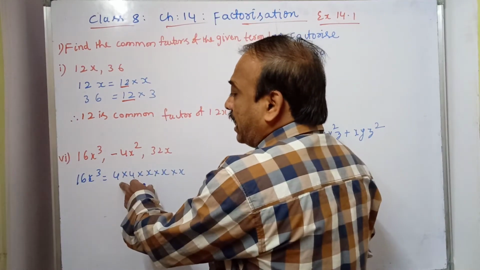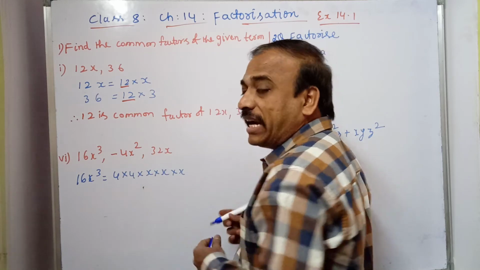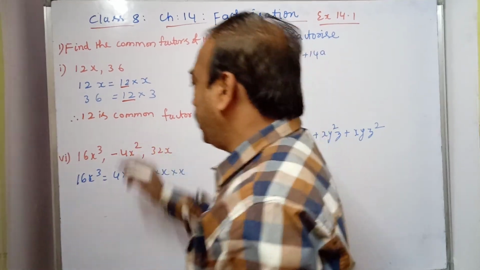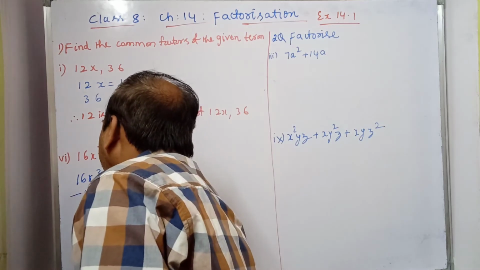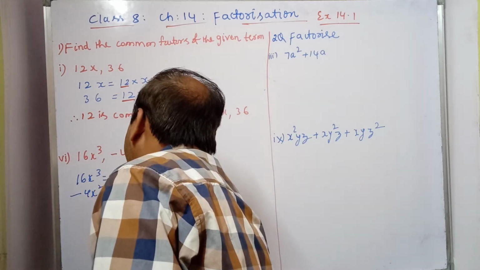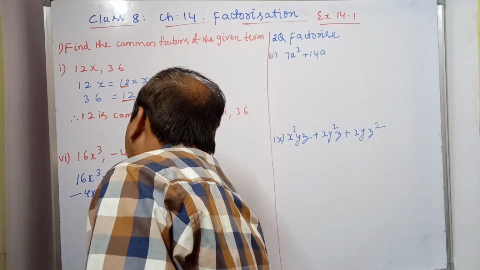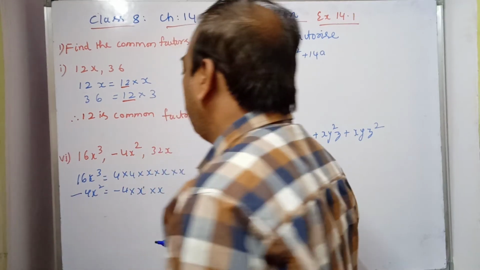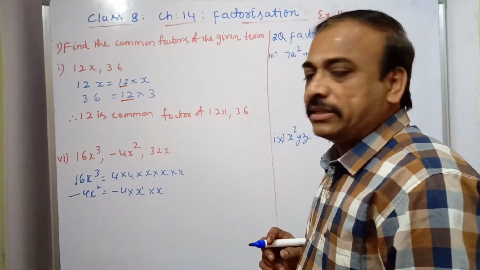Of course we can write this as 2 into 2, but when we are writing a common factor, we see the highest factor. So minus 4x square can be written as minus 4 into x into x.